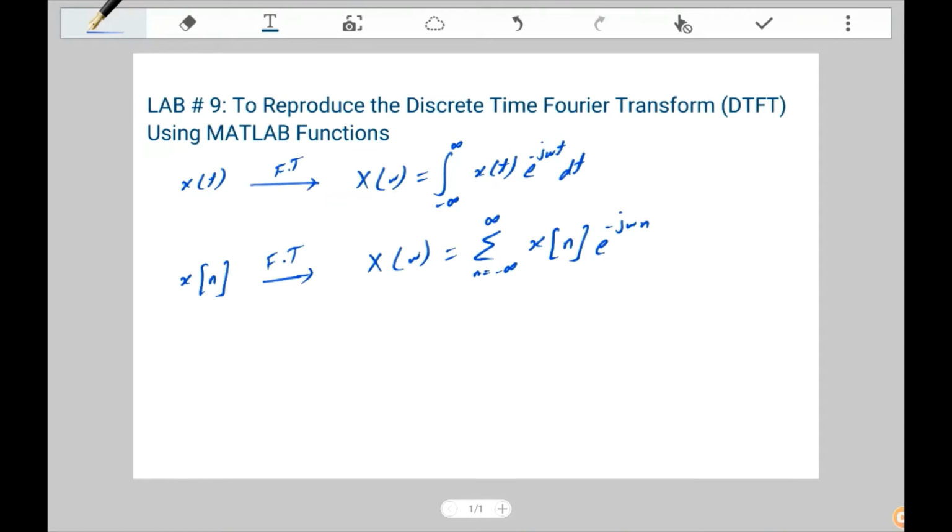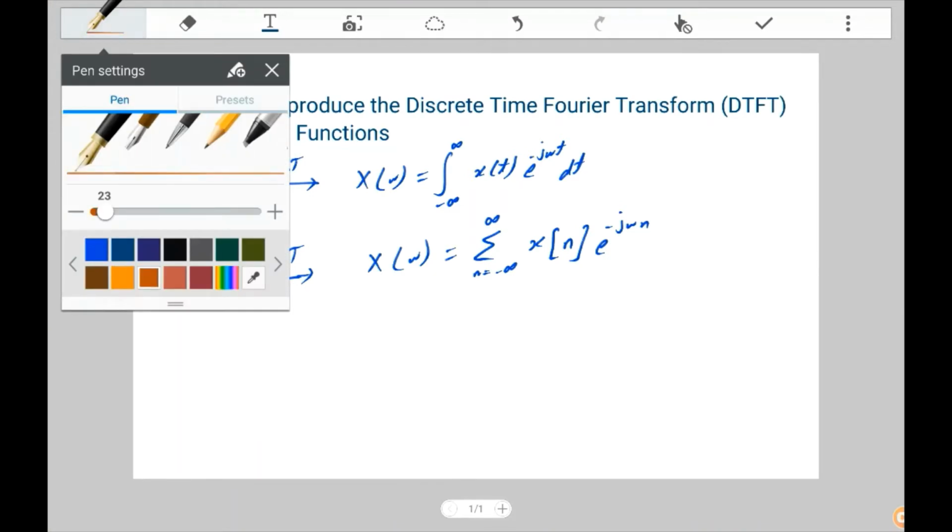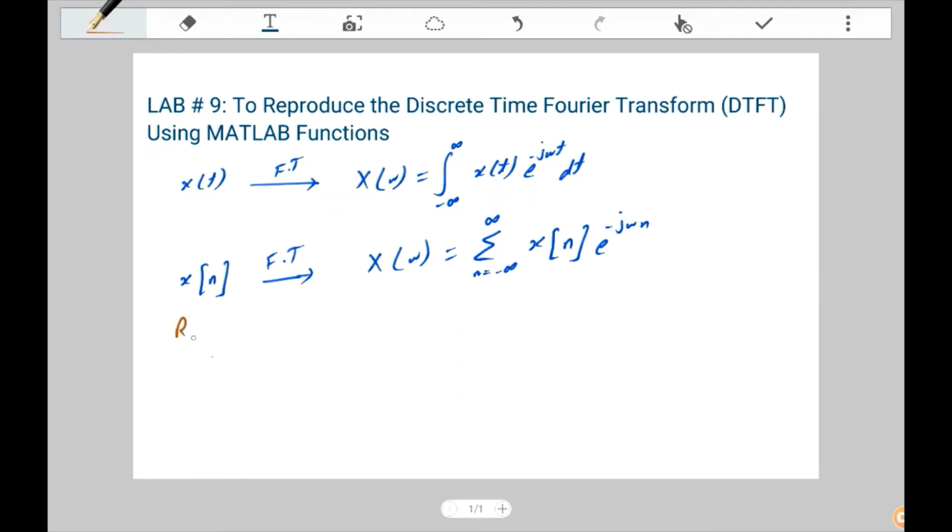its frequency domain. We can represent this signal X of omega in two different forms. The first one is rectangular form, and the second one is polar form.